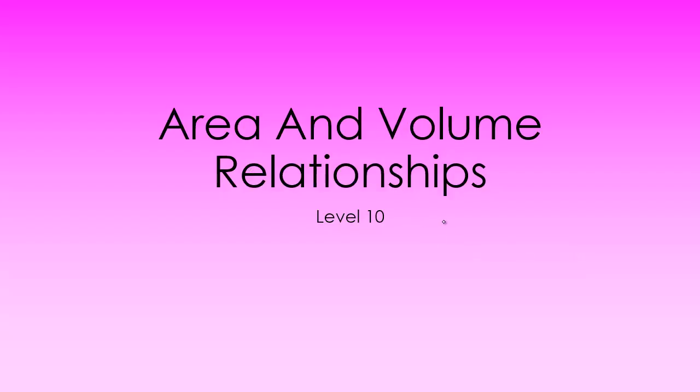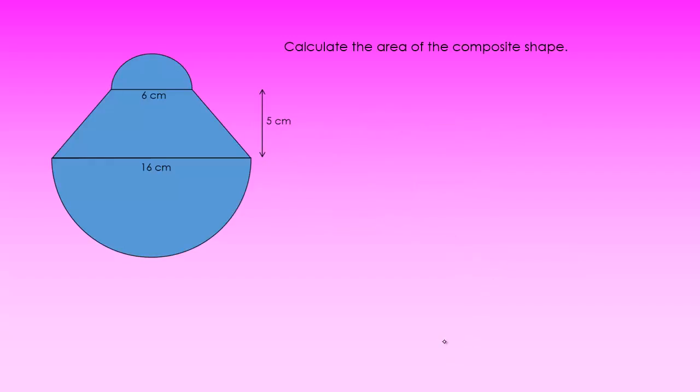Area and volume relationships. We want to calculate the area of this composite shape. So let's think about what it's made of. At the top here we can see a semicircle. There's another semicircle at the bottom.